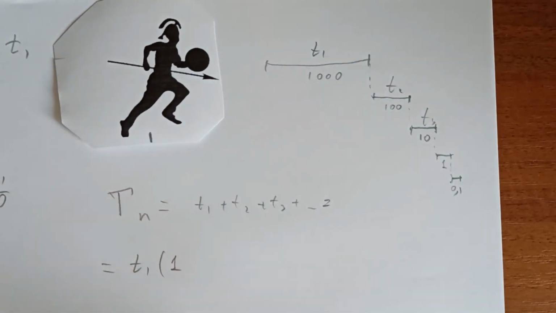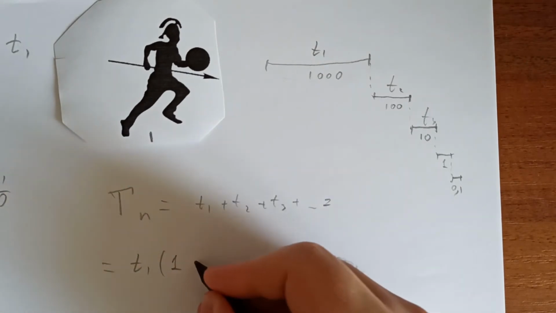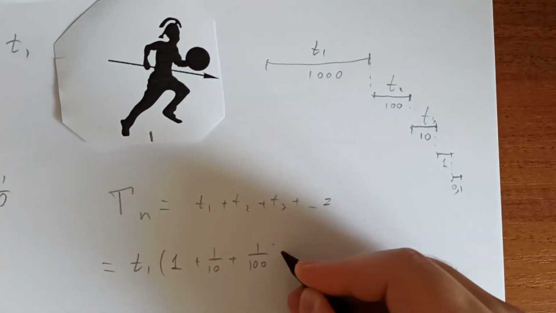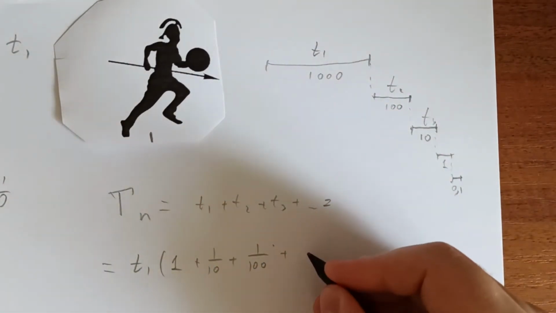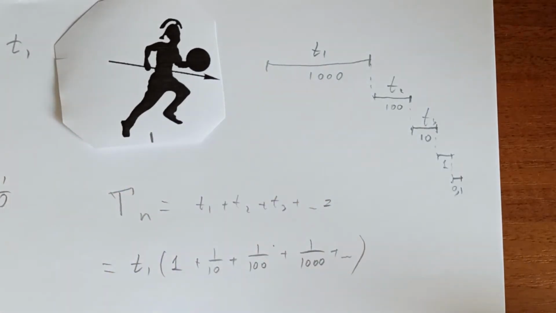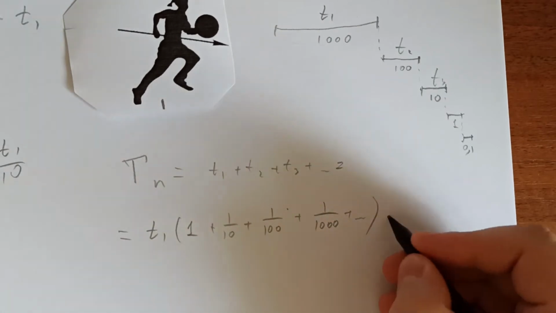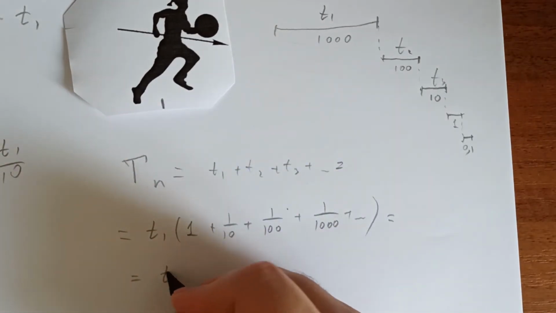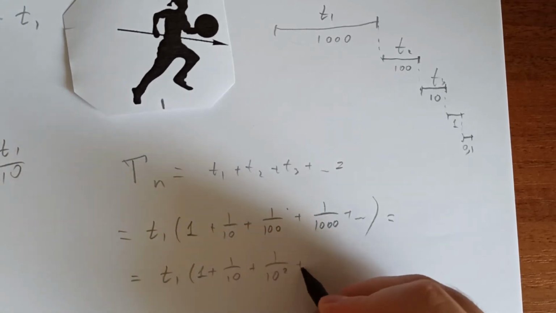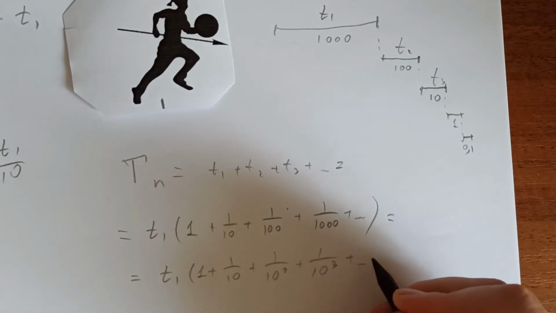So t_1 is for the first part of the way, t_2 will be 10 times smaller, t_3 will be 10 times smaller than t_2, t_4 will be 10 times smaller than t_3, and so on. So we have t_1 times (1 plus 1 over 10 plus 1 over 10 squared plus 1 over 10 cubed plus so on).